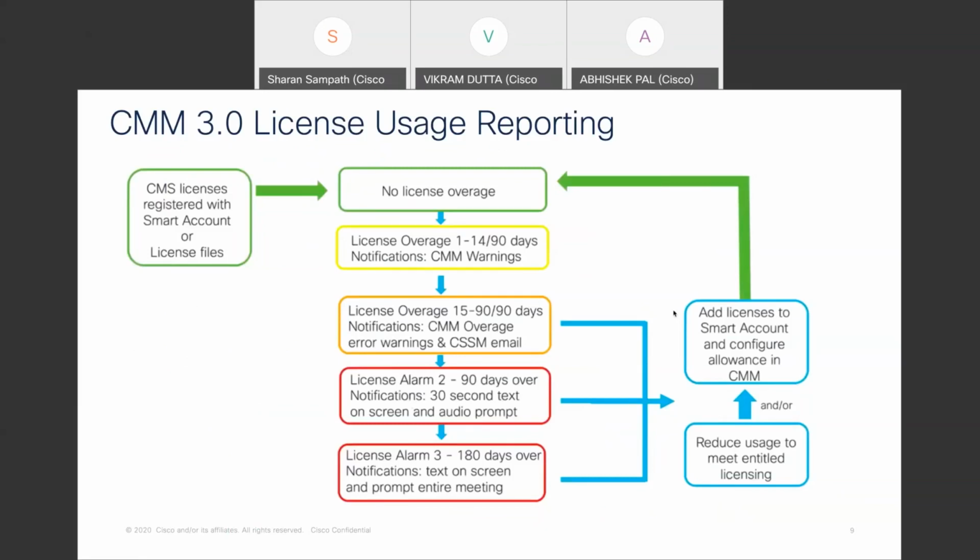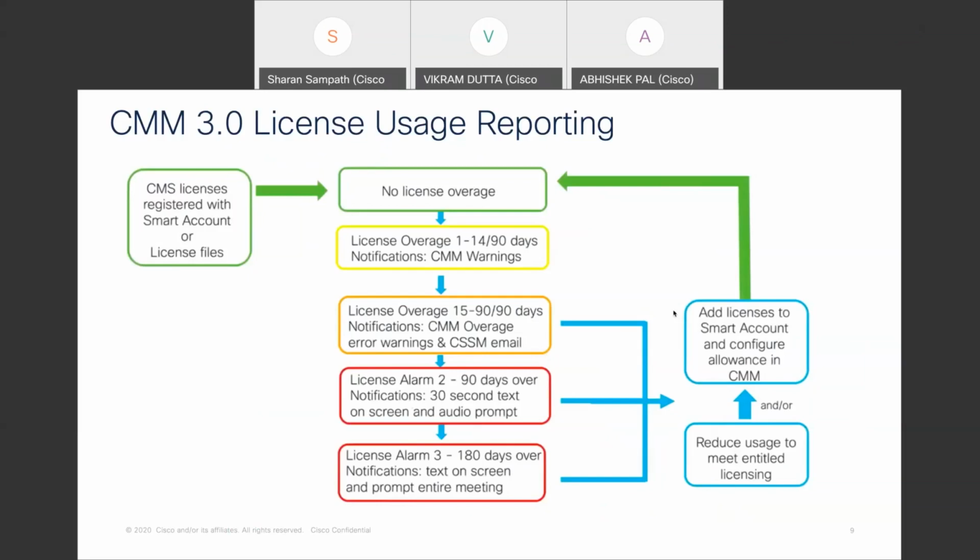Everything remains green. Right? So let's consider a scenario where the customer enters an overage, which means the customer starts using more than what they are entitled to. If the customer does this for 14 days in a 90-day period, nothing wrong is going to happen. The CMS server will continue to work.